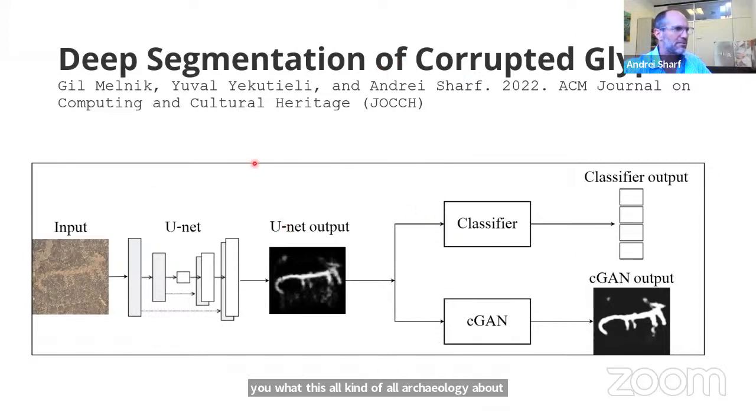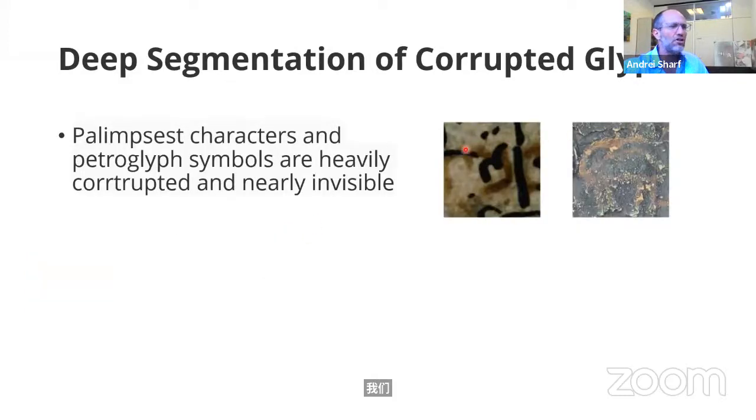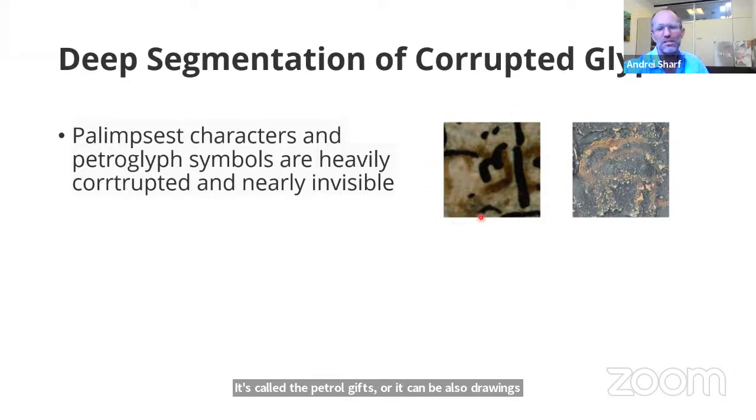Okay, so archaeology involves looking at visual information. Either it is drawings on stones, called petroglyphs, or it can be drawings and letters written on some kind of papers, which are called palimpsests. And these drawings are very deteriorated.